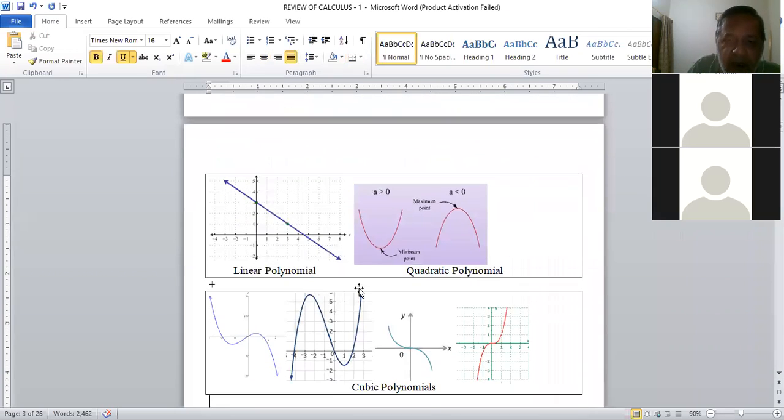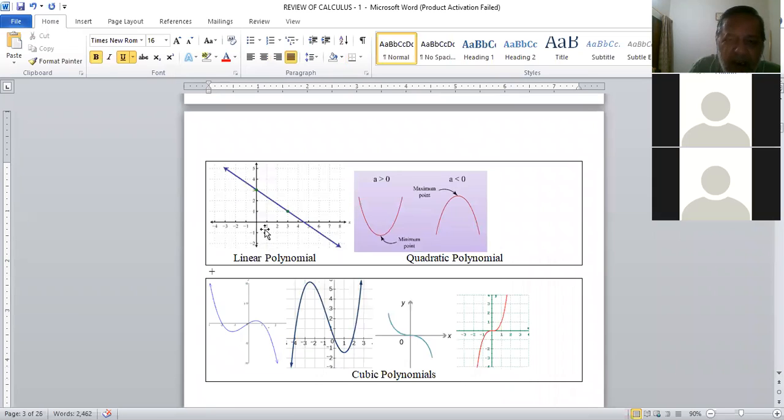These are some graphical representations like linear polynomial, like a straight line hai, quadratic polynomial, parabolas hai, upward or downward opening parabolas hai. Then cubic polynomials have a number of possibilities of graphs. In general, we say that आप maxima minima पढ़ चुके हैं, तो a cubic polynomial against a quadratic polynomial.